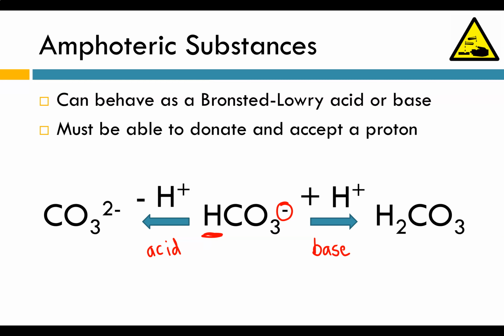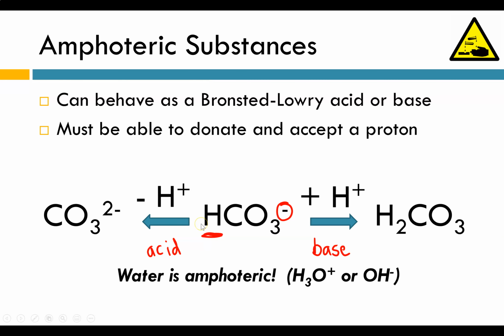There is one substance that doesn't have these two characteristics but is amphoteric that I'd like you to be aware of, and it's water. Water is able to accept a proton, behave like a base, and become H3O+. Water is also able to behave as an acid and donate a proton, kind of like what we saw with ammonia stealing a proton from water, and then it can form the OH- ion.